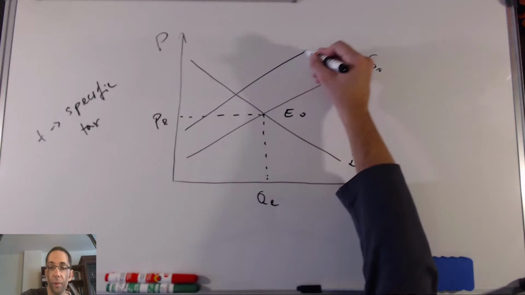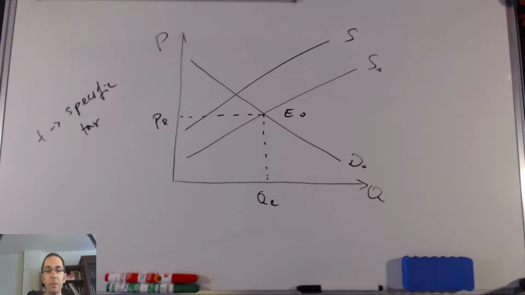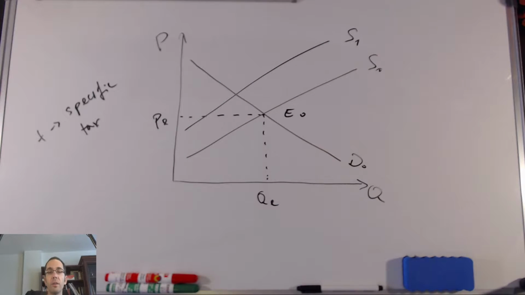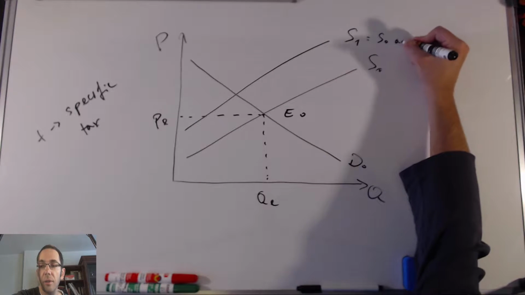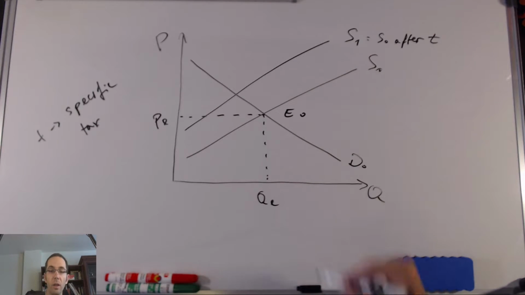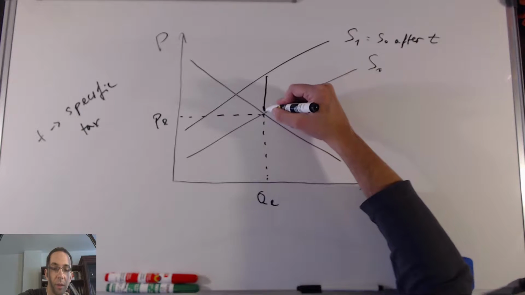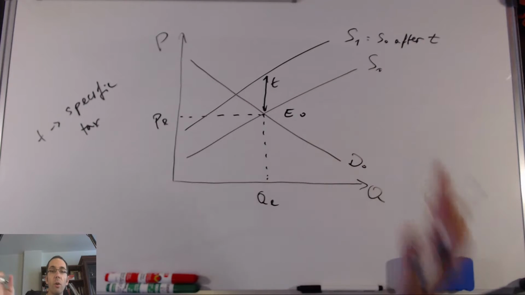So this would be, I try to make it parallel, it's not perfect, but just assume that S0 and S1 are the two supply curves, and this is equal to S0 after T, so when the tax is placed. And the level of our tax would be this much, T, and T is constant at all price levels.